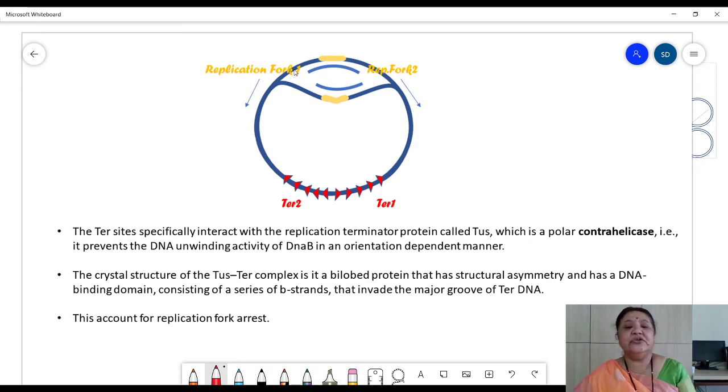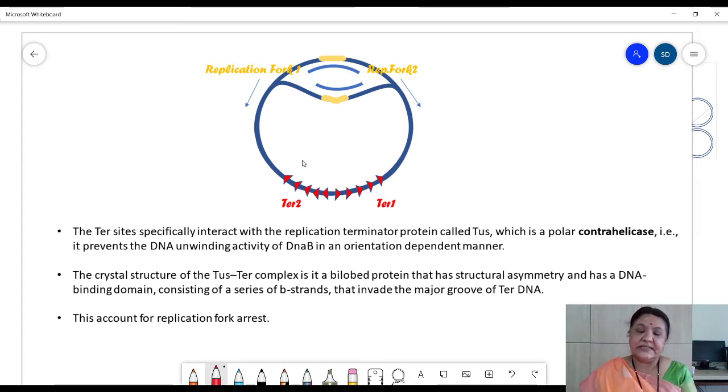They will move in opposite directions, and when replication fork 1 moves in this direction, it will be stopped over here where the termination 1 sequences are. These are Ter 1 sequences. Whereas replication fork 2 will go through these sequences and it will stop here. There are sequences for replication fork 2 over here called Ter 2 sequences.